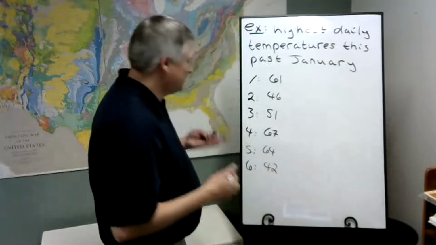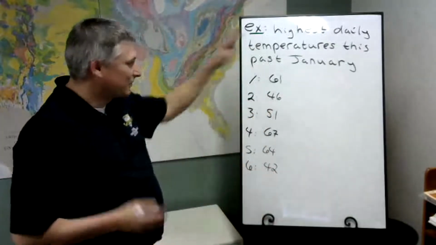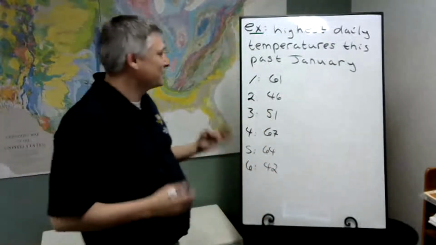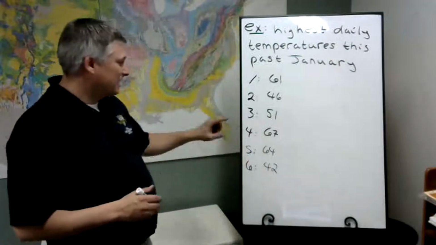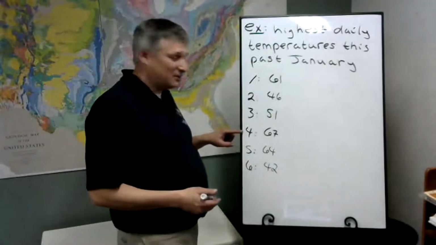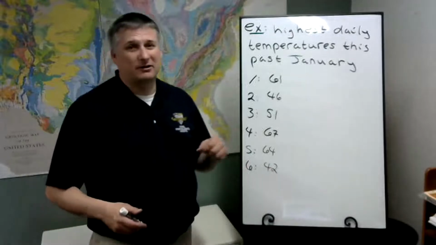Sort of a typical spread, if you will, various temperatures for highest temperatures. Remember, these are the highest temperatures on a given day. So on the 4th of January, the highest temperature was 67. On the 6th of January, it was 42.